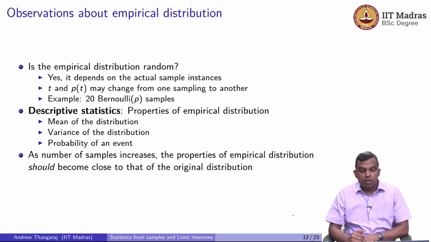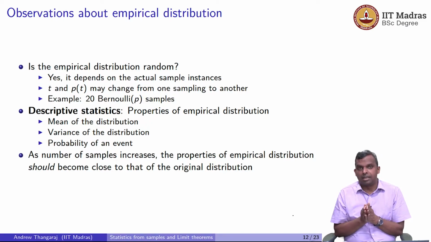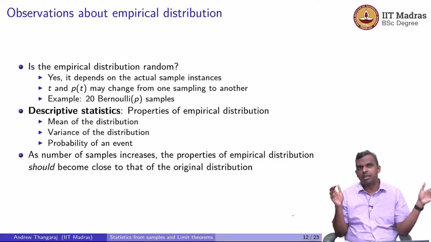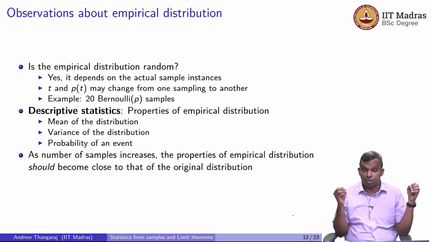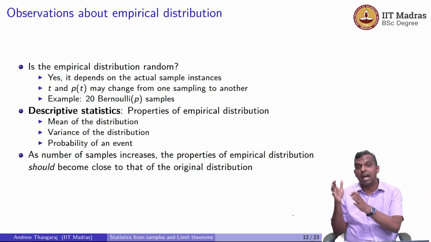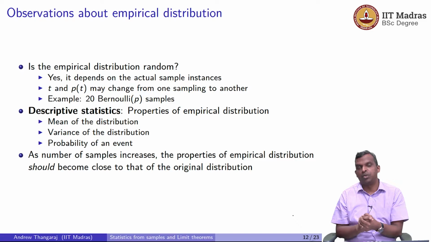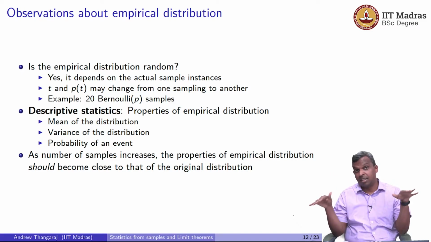What one hopes is, from sampling to sampling, the empirical distribution changes, its descriptive statistics change. However, if you observe a large number of samples, you are hoping that the properties of the empirical distribution, its descriptive statistics, become close to the properties of the underlying sampling distribution, which was the distribution of that x that comes from the samples.